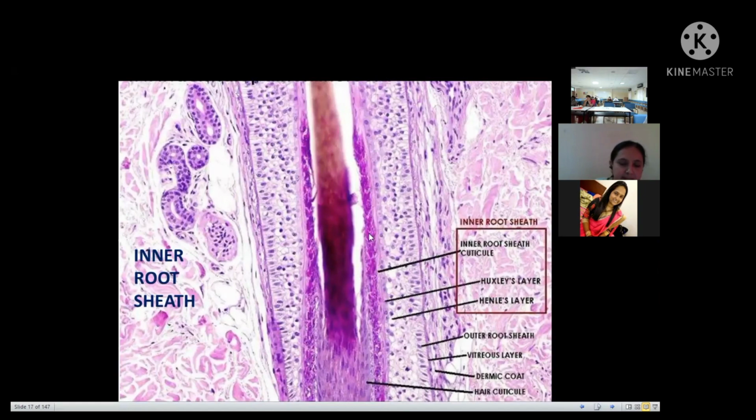And outside this, we have the outer root sheath, which is also called trichilemma, which is a layer of multi-layered cells. They have clear cytoplasm and palisading of the columnar cells, which are loaded with glycogen. And it has a hyaline sheath, and this hyaline sheath is surrounded by the perifollicular fibrous sheath.